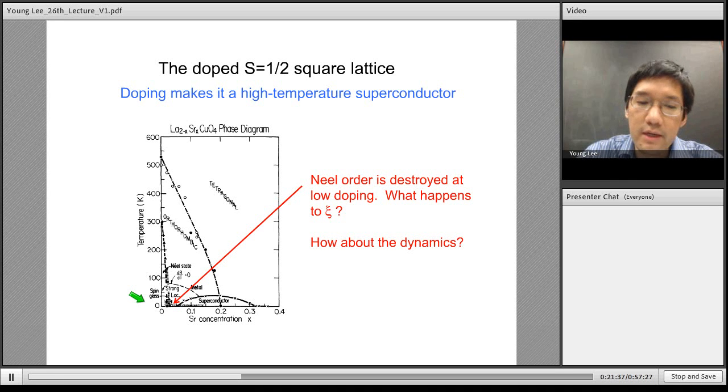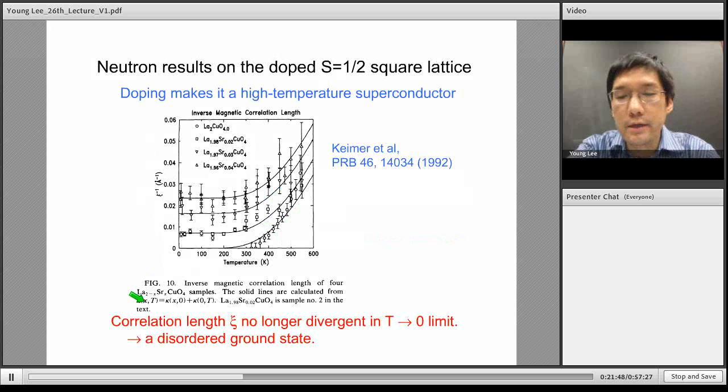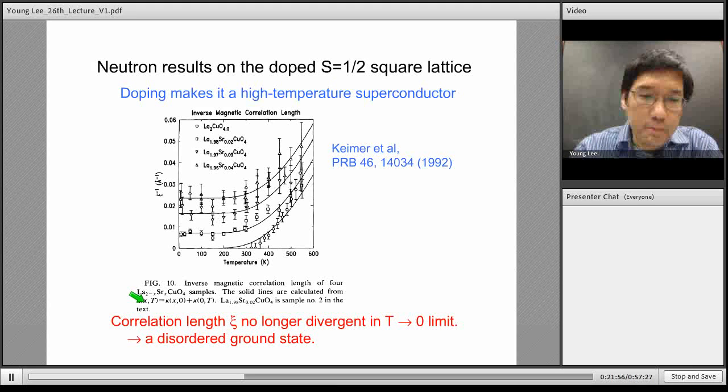And what happens to the dynamics, again, when you just start to destroy the anti-ferromagnetism? These types of experiments have been done by Keimer et al., where they concentrate on very low doping levels. So these are not superconducting materials, but they're in the so-called spin glass regime.